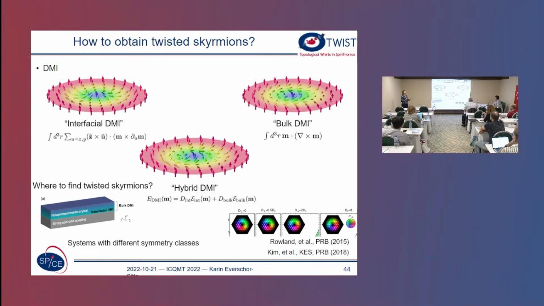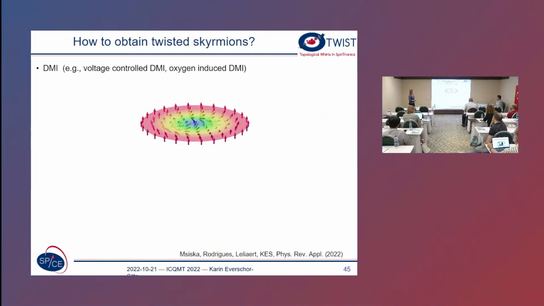The naive idea would be to take a non-centrosymmetric crystal with strong spin-orbit coupling below, and then you get interfacial and bulk DMI. Or you look directly into crystals, because these appear when the crystal or the system itself has a certain symmetry class, so you can look for systems with the corresponding symmetry class.